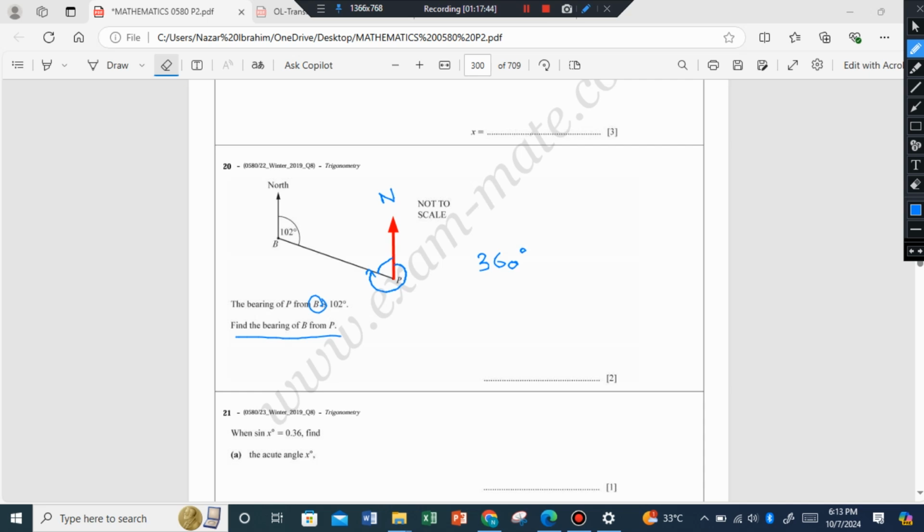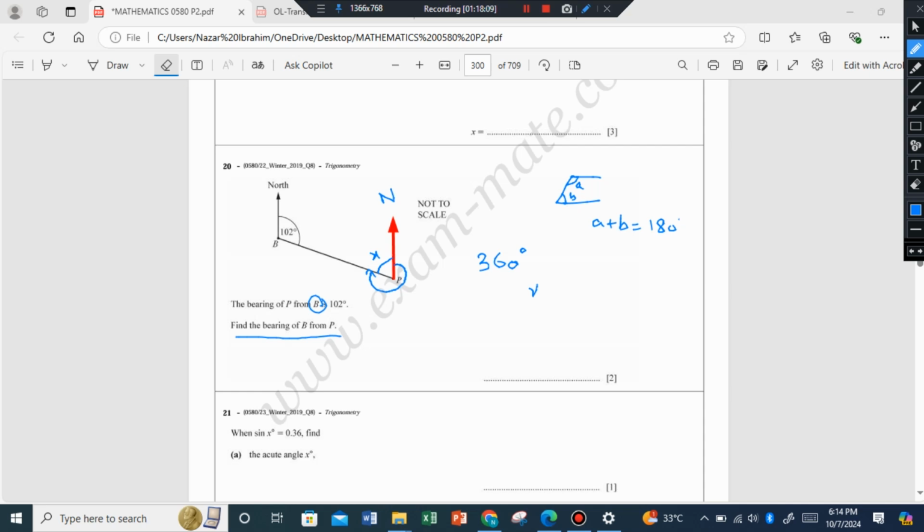Angle at a point is 360. So first I'll find out this angle by using the property of parallel lines, because these two norths are parallel, and the interior angles A plus B is equal to 180, that is supplementary angles.